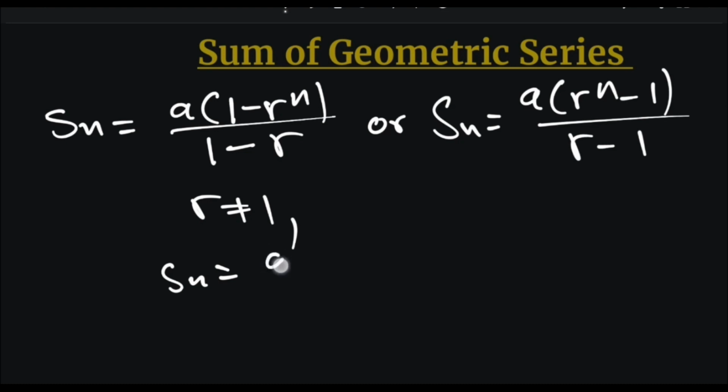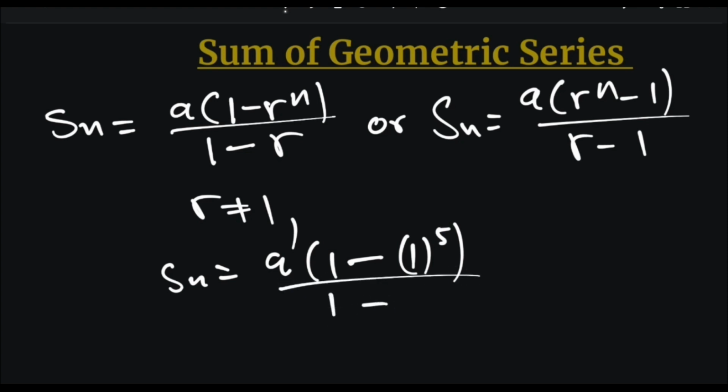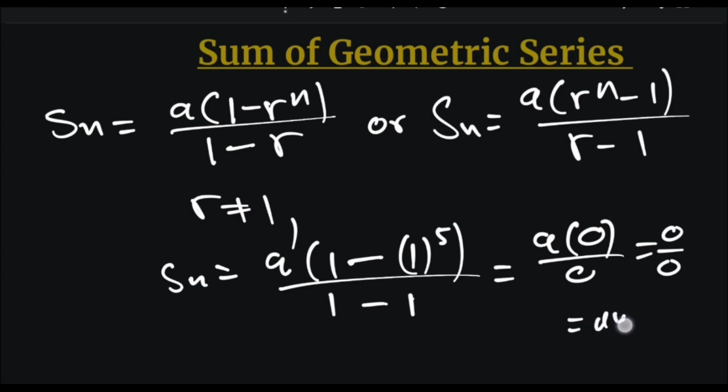Sn is equal to a times (1 to the power 5 minus 1), divided by 1 minus 1. 1 to the power 5 is 1, so 1 minus 1 is 0. So you have a times 0 divided by 0, which in mathematics is undefined.